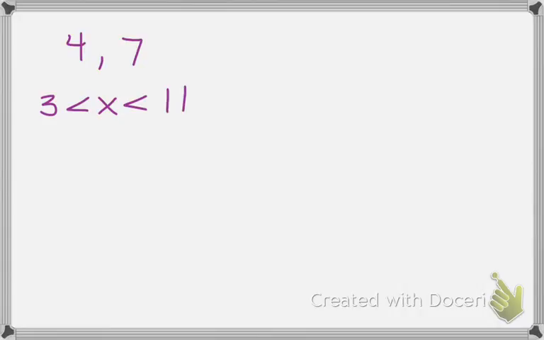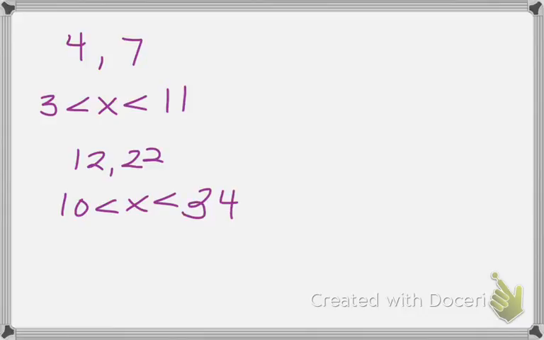If I did 12 and 22, lower bound would be, try again, 10. Upper bound would be 34. Good. If it was 3 and 4, 1 and 7, right? So everybody got this? Yes?